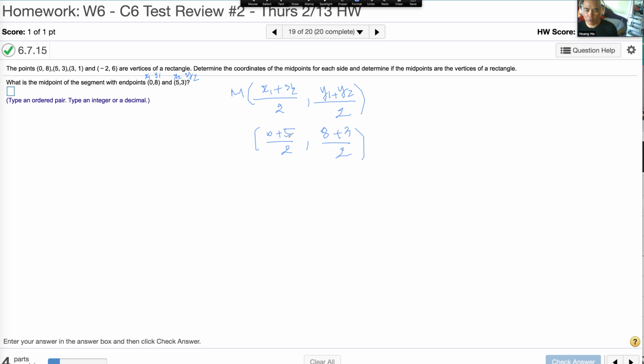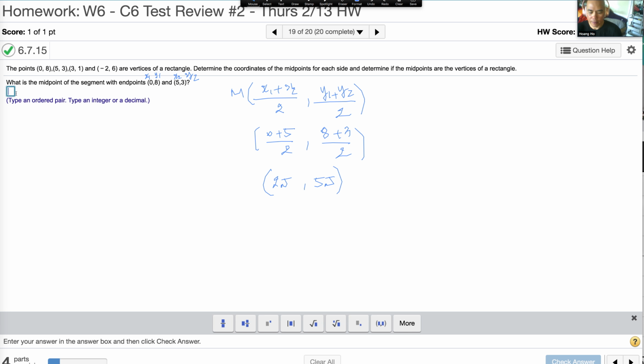So 5 divided by 2, that's 2.5, and 11 divided by 2 is 5.5. So that is the answer for your first midpoint. Make sure you write it as an ordered pair: 2.5 comma 5.5.